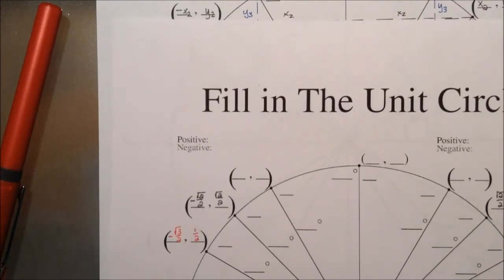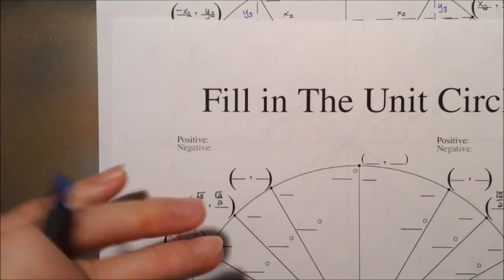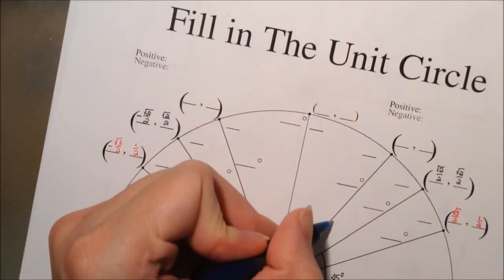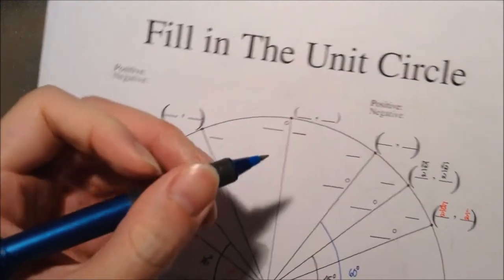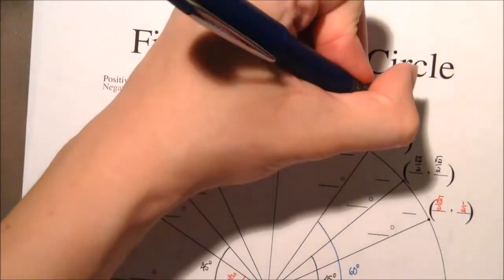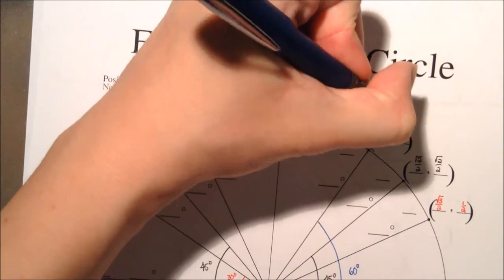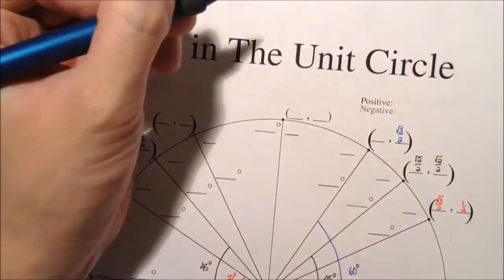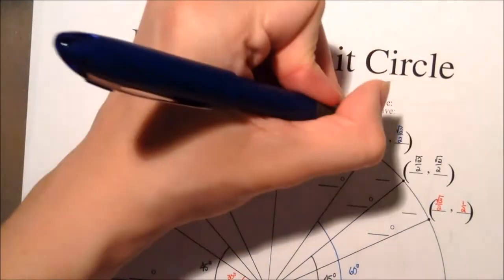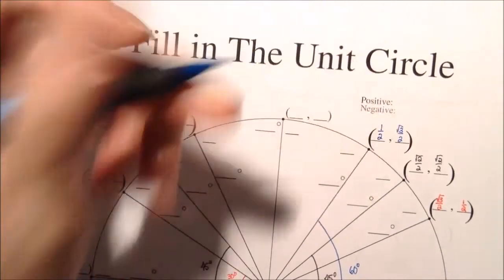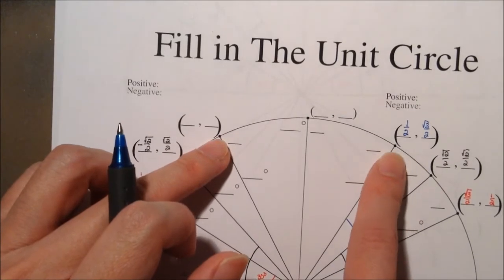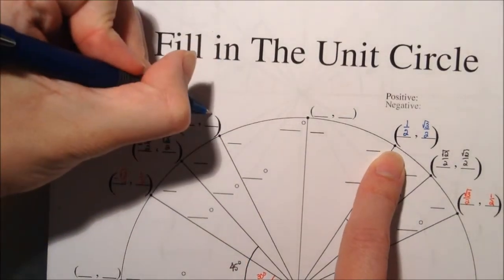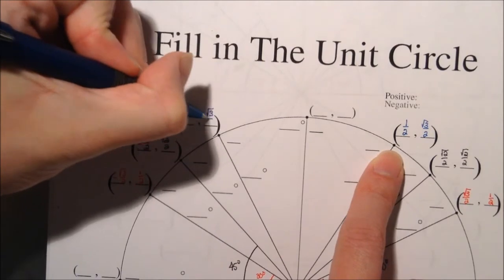And then, our third one. If I were to do sine of 60 degrees, then the y value would be square root of 3 over 2. If I were to do cosine of 60 degrees, it'd be 1/2. Now, connecting the dots with this point, it has the same height, so it will have the same y value, square root of 3 over 2.